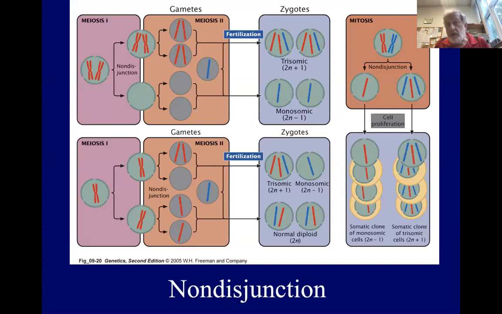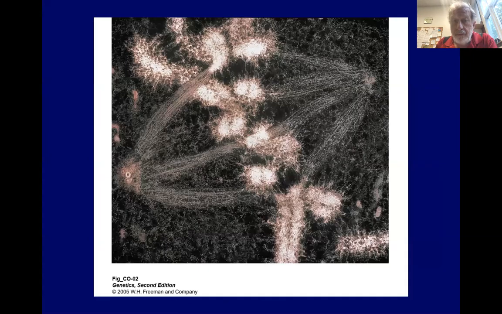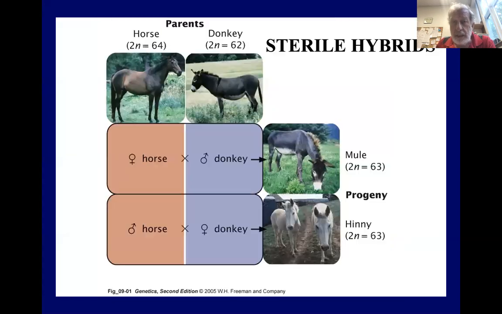But you can see here, from meiosis 1, you get trisomic and monosomic zygotes, and from the other, you get trisomic and monosomic, but you can also get some normal diploid zygotes as well. So here's a spindle apparatus attached to the chromosomes. Remember, the chromosomes are the pale things in the middle, and the things attached to them are the spindle fibers. And if they break, that can cause non-disjunction.